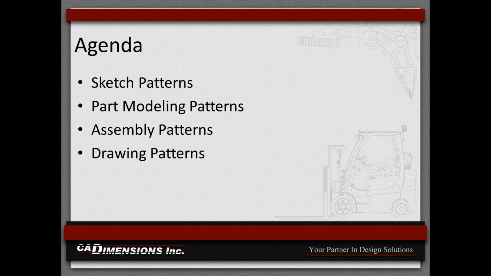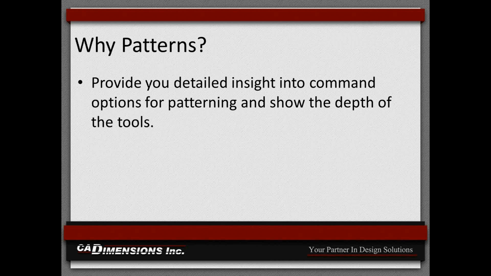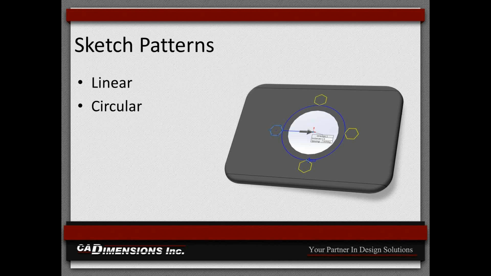You may not know this, but there are patterns in sketching, patterns for part modeling, patterns in assemblies, and probably one you didn't know is that there are drawing patterns, so the ability to pattern notes in drawings. So, why patterning? I want to show the depth of the tools and teach you how to use some of the little nuances of the tools.